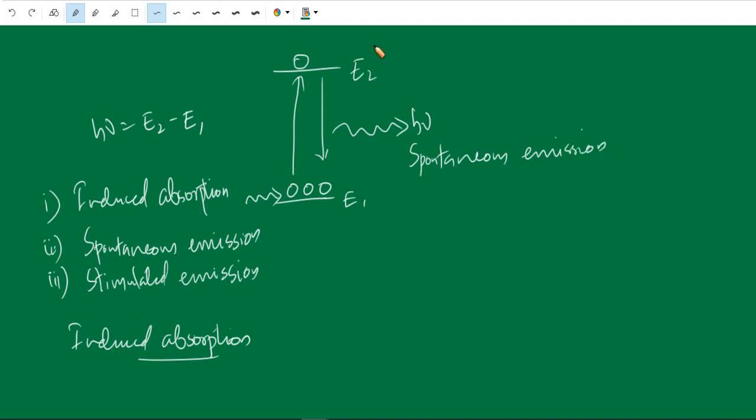Another possibility is that this atom at E2 sees another photon of h nu. It has already absorbed one photon and it sees another photon of h nu.